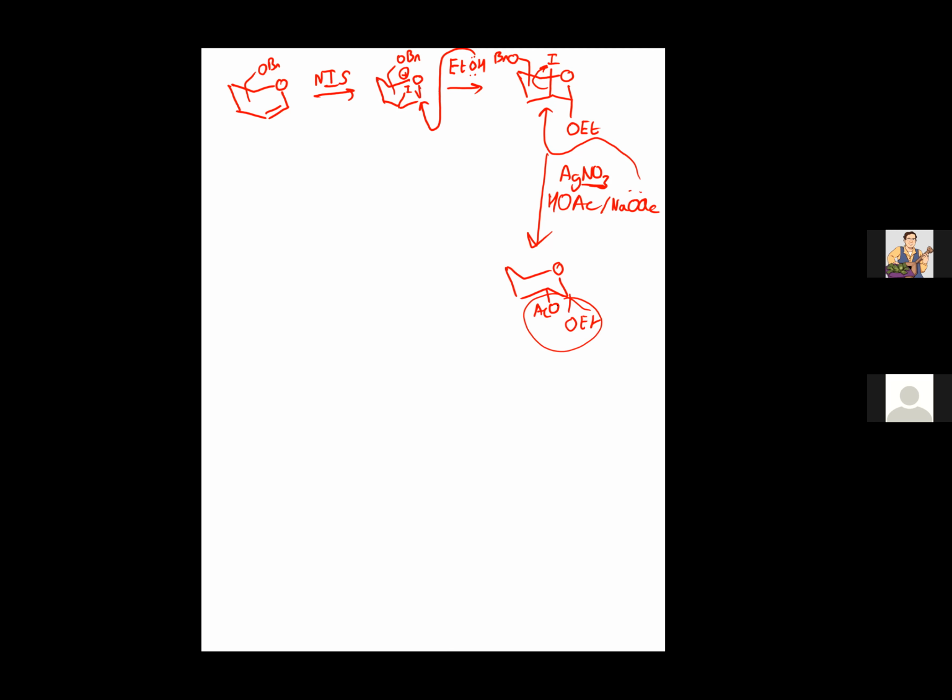But what if you don't want to do cis? What if you want to do trans? Well, you're kind of stuck with this stuff because you're going to be stuck doing it this way.